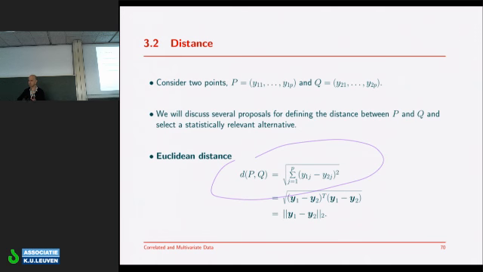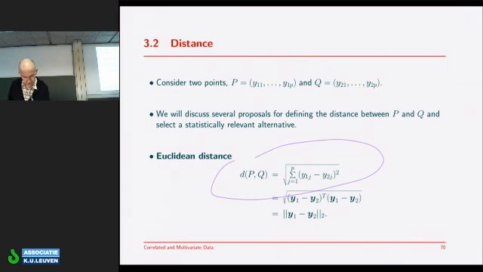Of course, I'm working in p-dimensional space. We are statisticians. We don't work just with bivariate data. We work with multivariate data. Think about the iris data set. P will be equal to 4, so we can calculate, in a way, the distance between 2 flowers, making use of the 4 variables that we measure on those flowers.